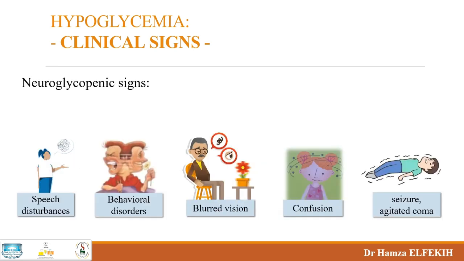For the signs of neuroglycopenia, we have sometimes speech disturbance. We might have also behavioral disorder, blurred vision, confusion. The patient might have seizure sometimes, and in severe cases, agitated coma.